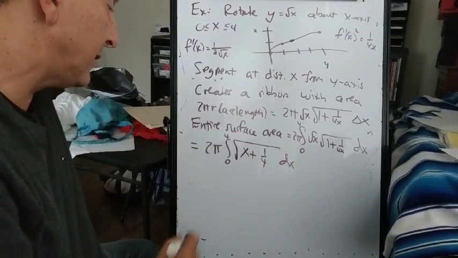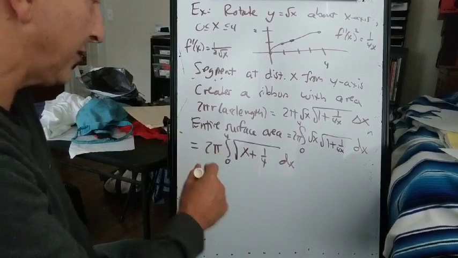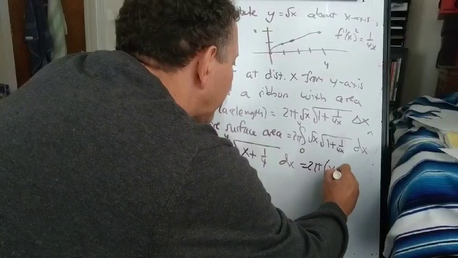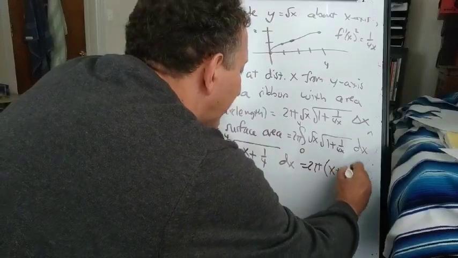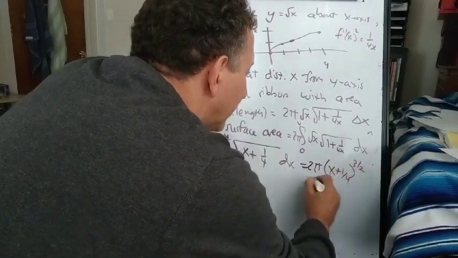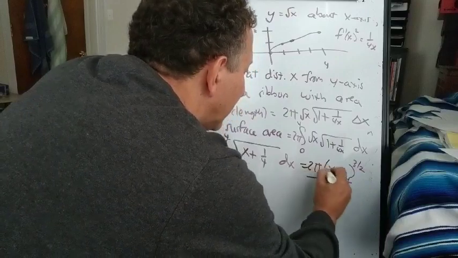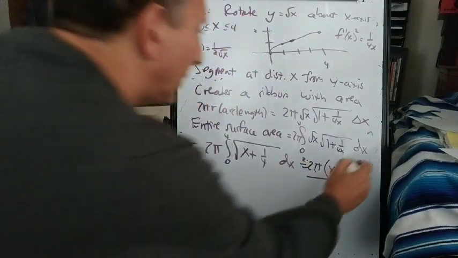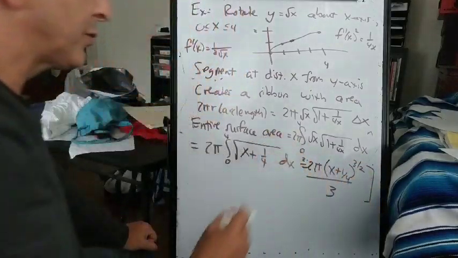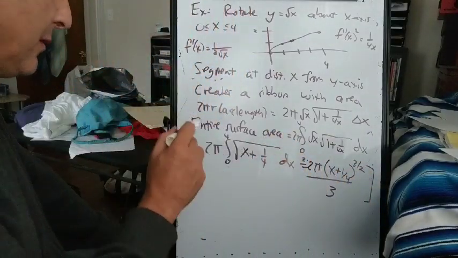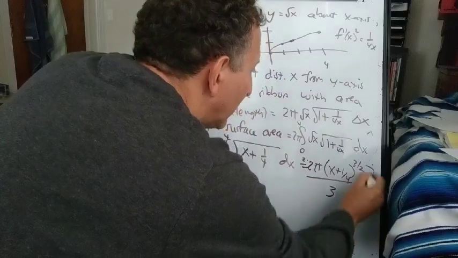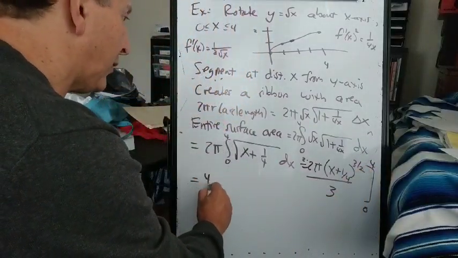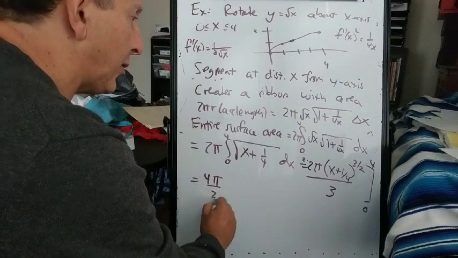So x plus 1/4 to the 1/2 integrates to x plus 1/4 to the 3/2 divided by 3/2. So we've got 4 pi times x plus 1/4 to the 3/2 over 3, all of this evaluated from 0 to 4. So 4 pi over 3.